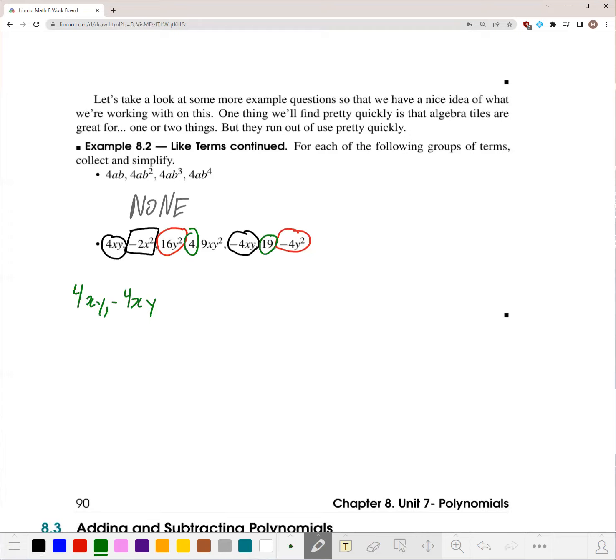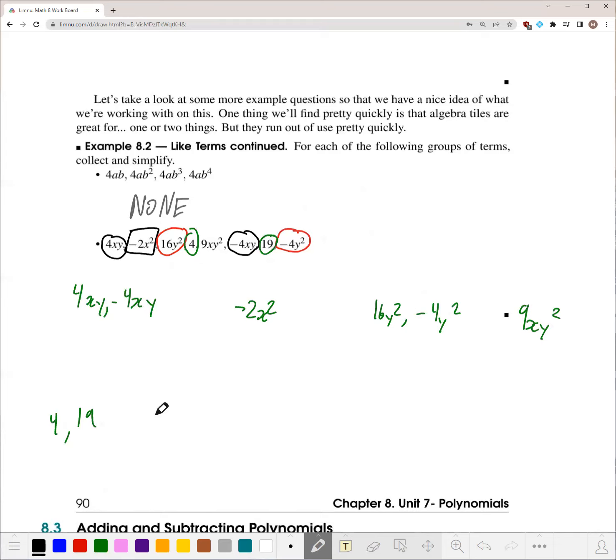Well, there's just negative 2x squared. Okay, any red circles? Well, I've got 16y squared and negative 4y squared. And then finally, our last term here is 9xy squared. Oh no, I missed the constants. Our constants were 4 and 19.